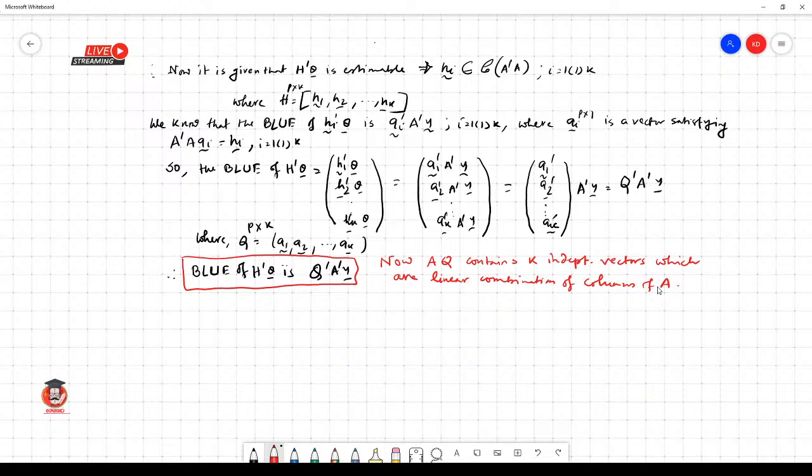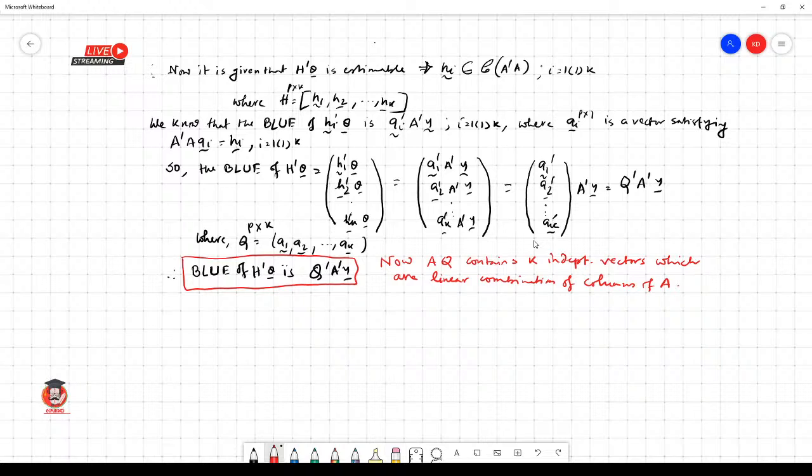Because these h_1, h_2, ..., h_k are all linearly independent vectors, because I mentioned in the statement that H prime theta curl is a linearly independent estimable parametric function. So we know the result using the previous result that q_i prime A prime y curl and q_j prime A prime y curl are uncorrelated.